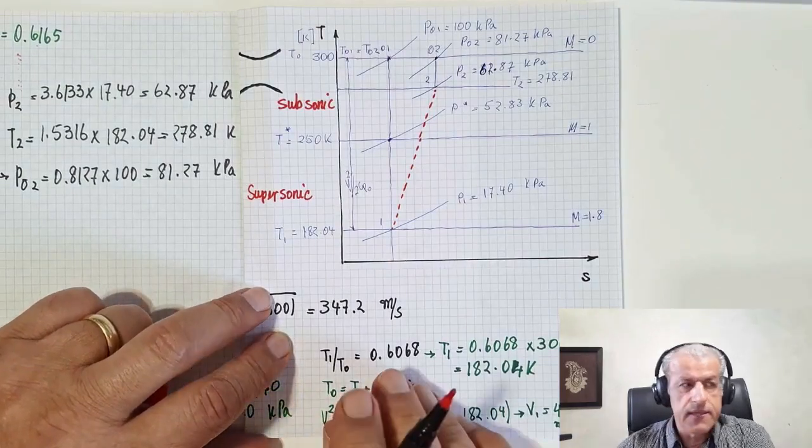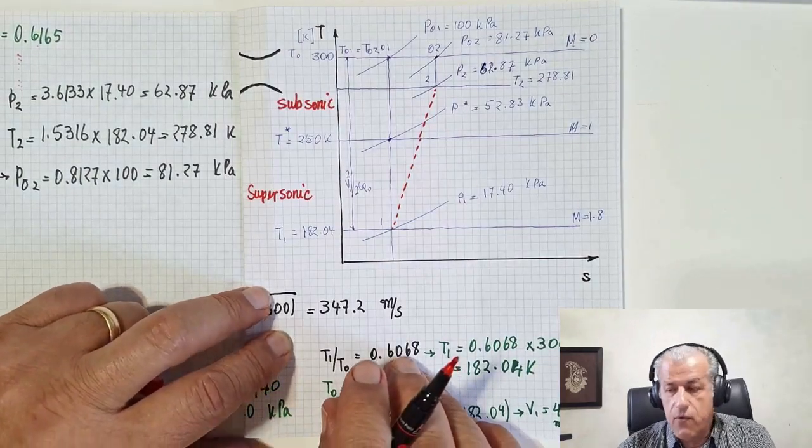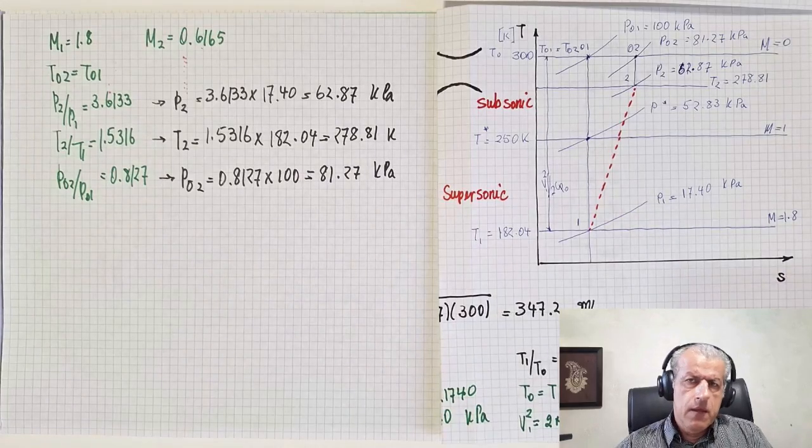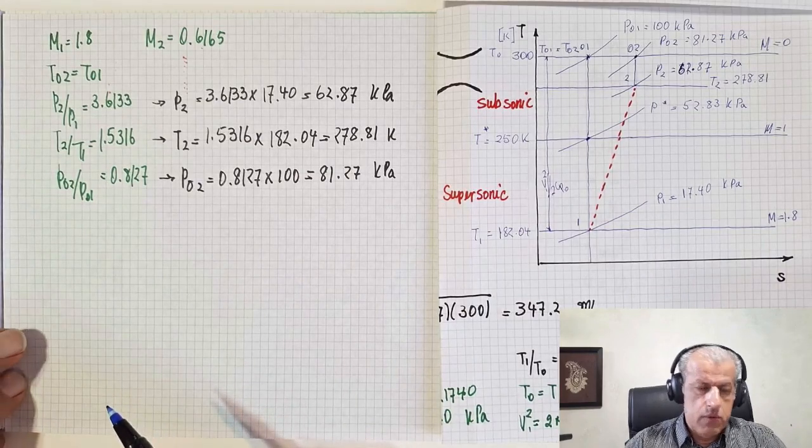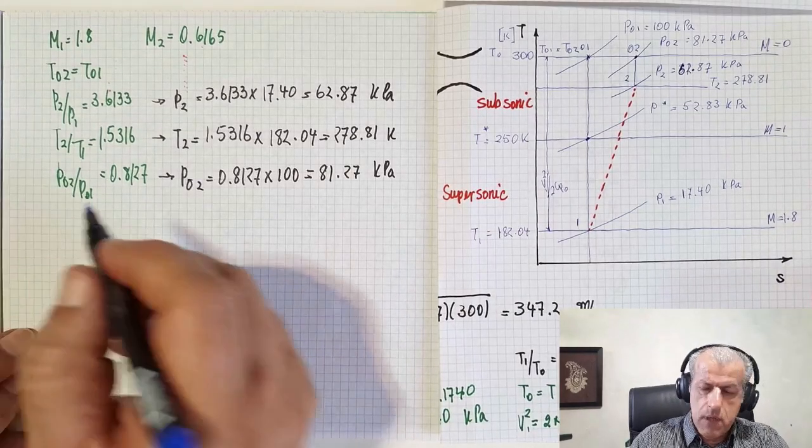And this is the shock wave over the TS diagram. There are also other properties at point 2 that we could calculate.